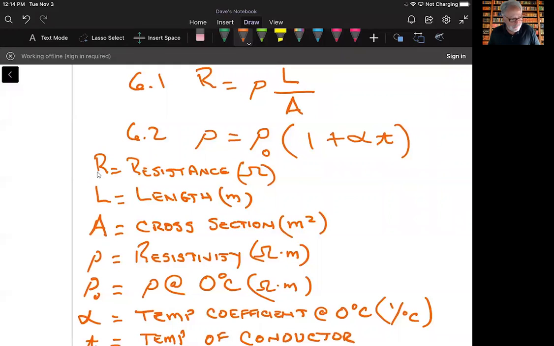And this equation is comprised of, of course, R in ohms for resistance, L the length of the conductor in meters, and A the area in cross-section in meters squared. This is the resistivity in ohm meters. And it is characteristic of a certain material.